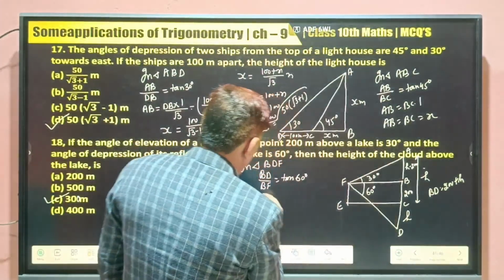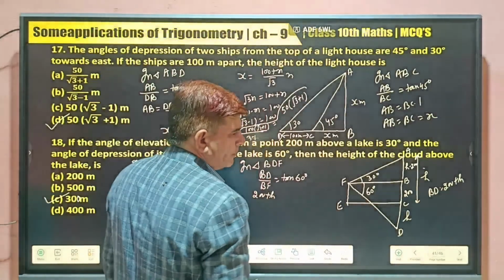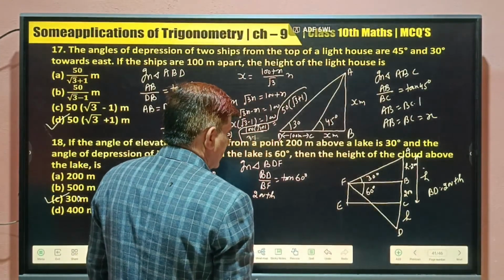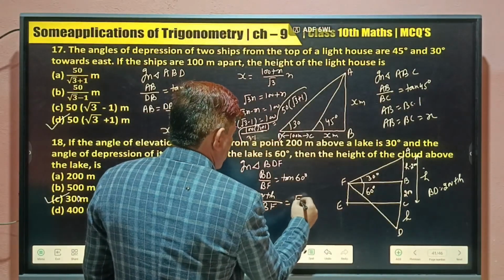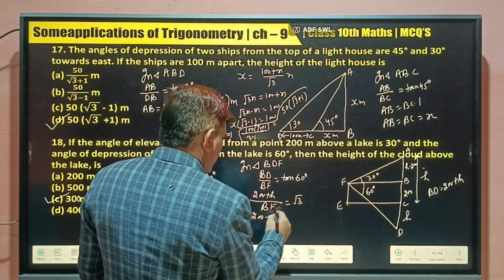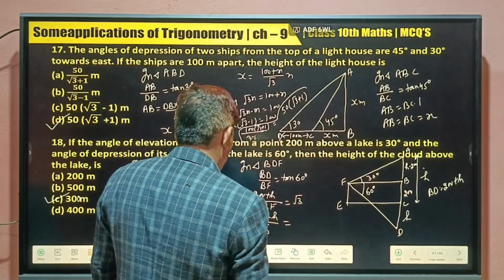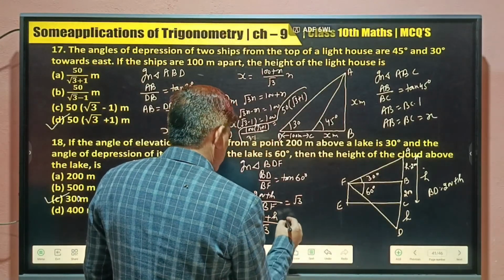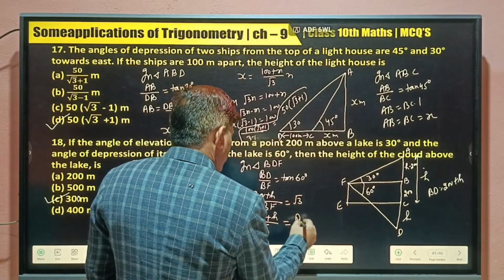BD is 200 plus H, by BF is equal to root 3. Or we can say 200 plus H by root 3 equals BF.